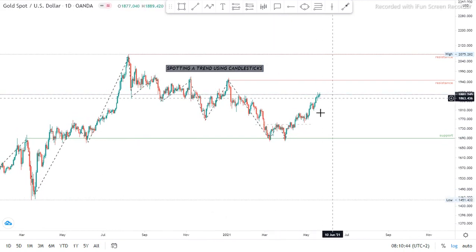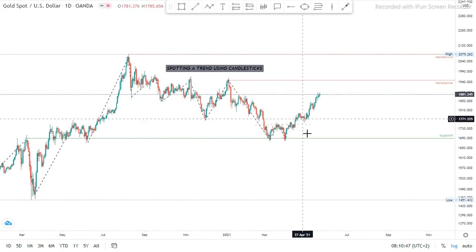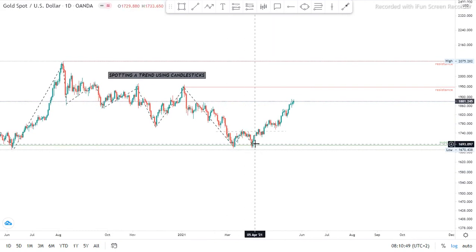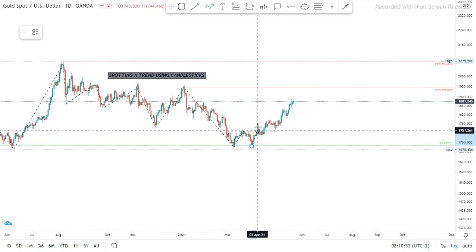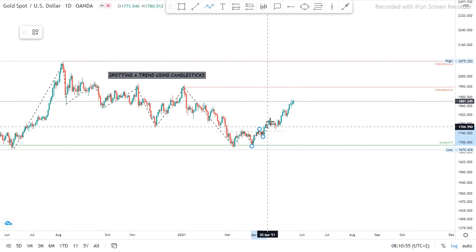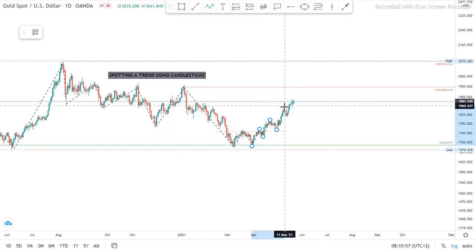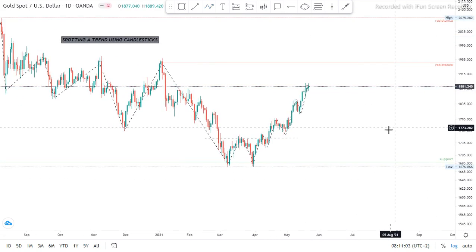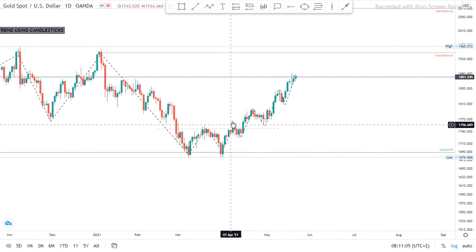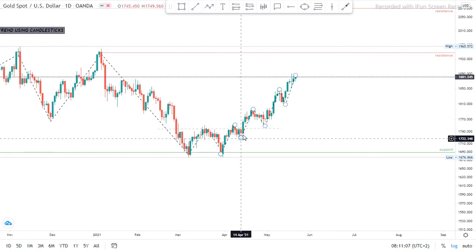So in this situation, guys, what we would be looking for, as I said, in an uptrend market, we're only looking for buys. As the market is moving in a higher high, higher low, higher high, higher low sequence, as you can see, with every high there's a higher low that's created.